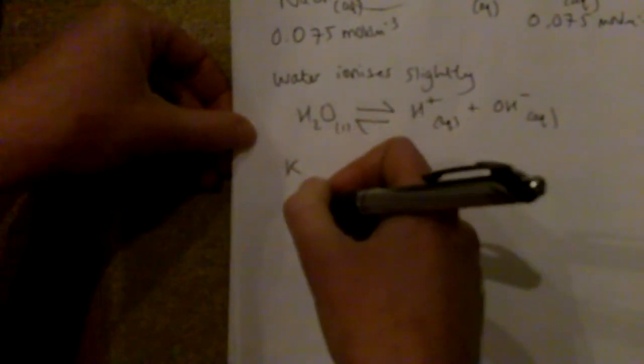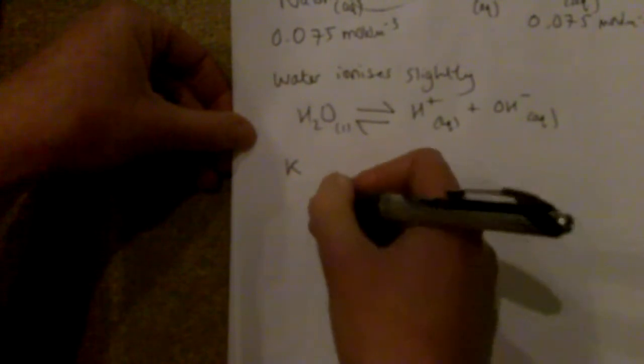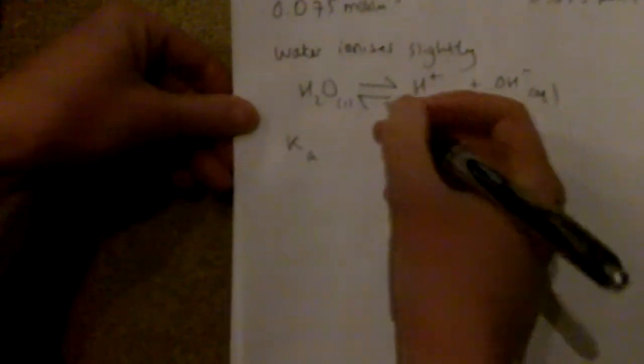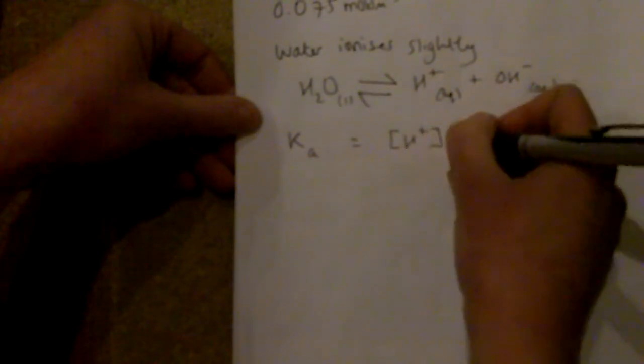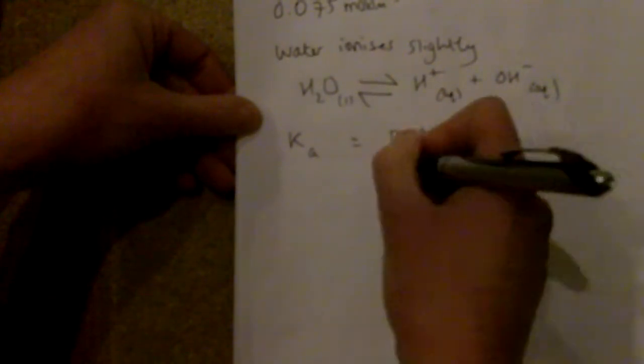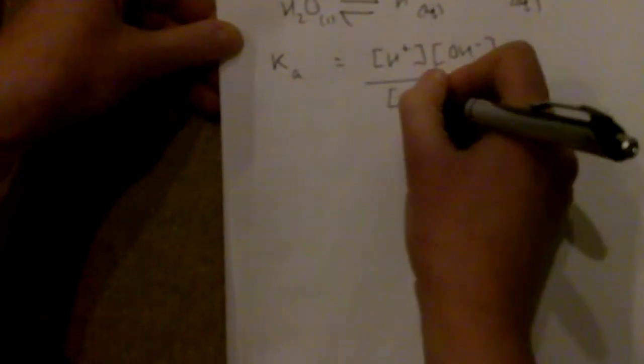Okay, and we can write a Ka for it, or Kc. Ka is the right hand side, the products, divided by the reactants. Okay, does that make sense?